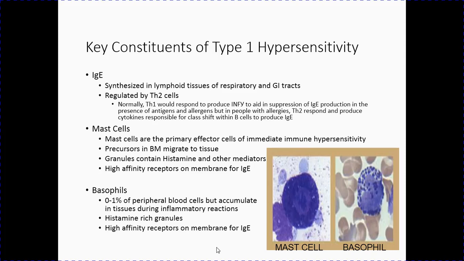There are receptors on the cell surface of these two kinds of cells, mast cells and basophils, where IgE, the Fc portion of IgE, the epsilon chain, is going to bind right onto this cell.